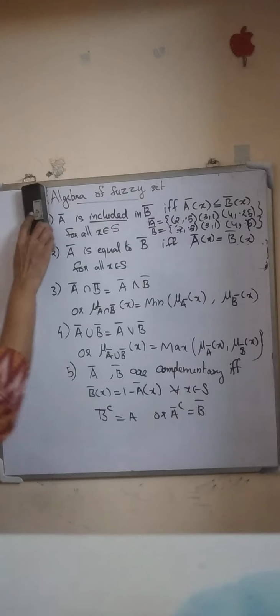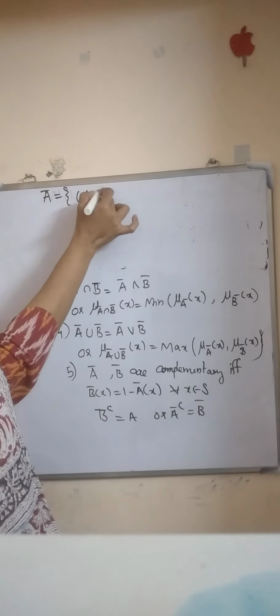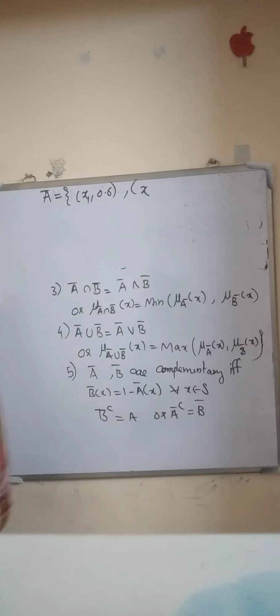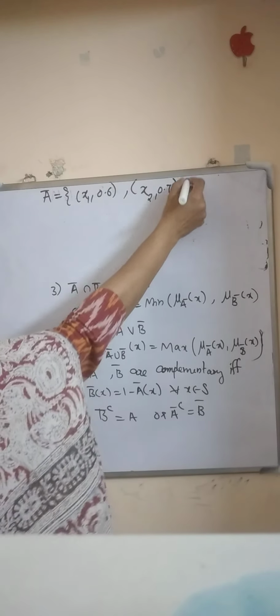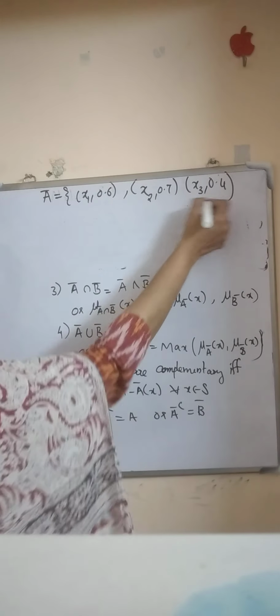That is, consider a fuzzy set A bar as A bar is equal to the set of ordered pairs (x1, 0.6), (x2, 0.7), (x3, 0.4).